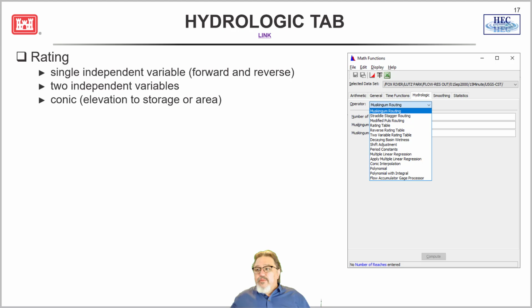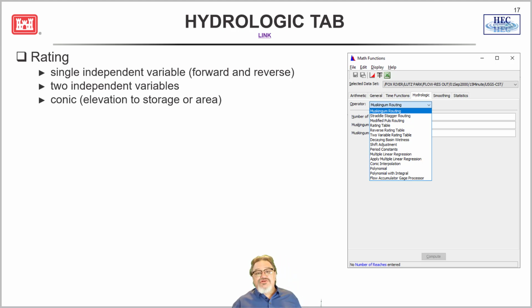You can also perform Conic interpolation rating, and that is for use to convert elevation to either storage or area, where you don't have a real detailed survey, but you just have, say, areas at different elevations.